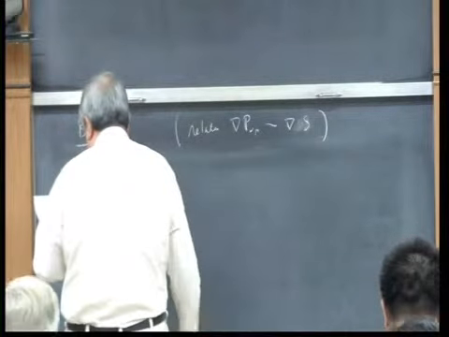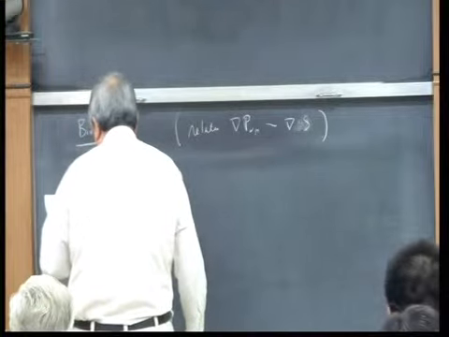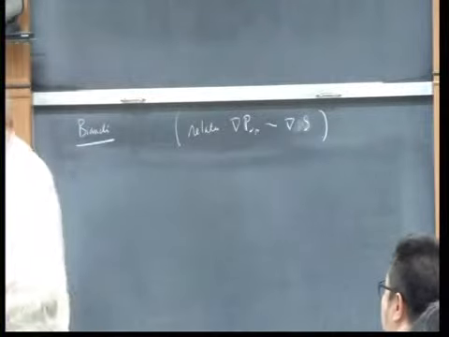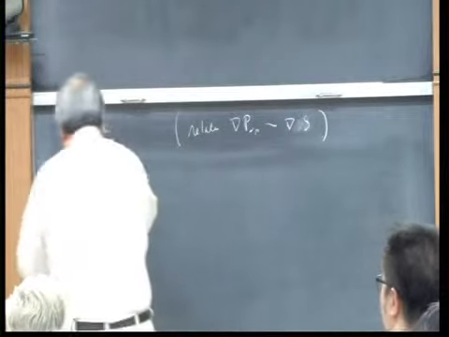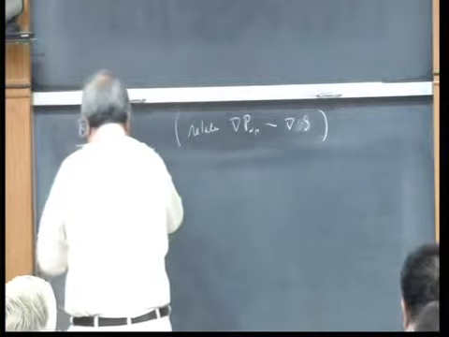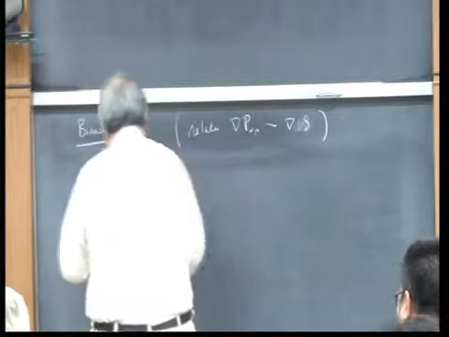So let me write it out. I'm only interested in 3 dimensions, so I write out the special case in 3 dimensions. The Bianchi identity says: I take the divergence of the skeleton.